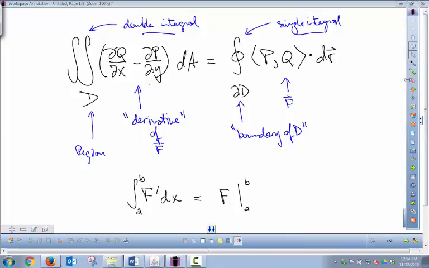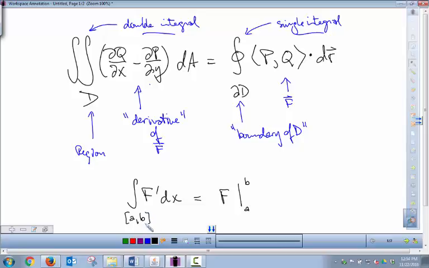So let me rewrite the fundamental theorem of calculus slightly. As integrating over a one-dimensional interval, the interval from A to B, of a derivative of something, and then we get that original function that we're going to evaluate at the endpoints.